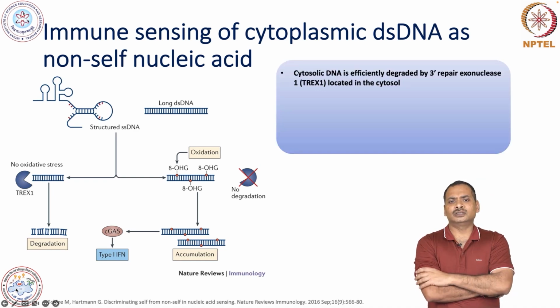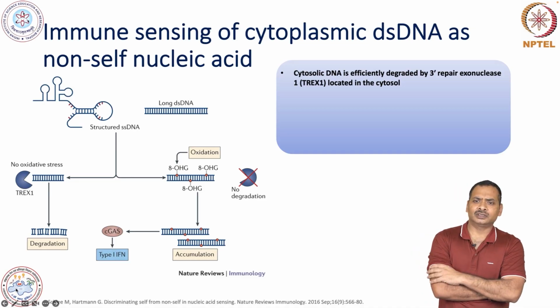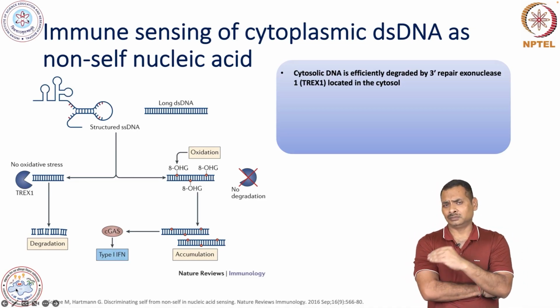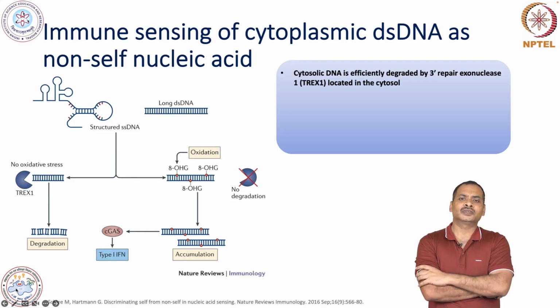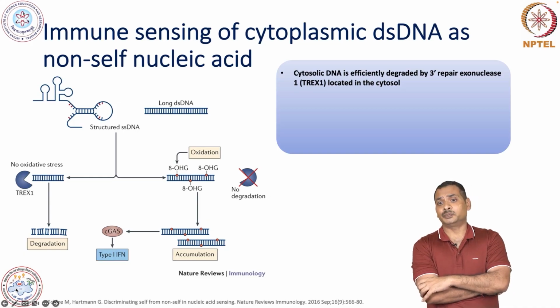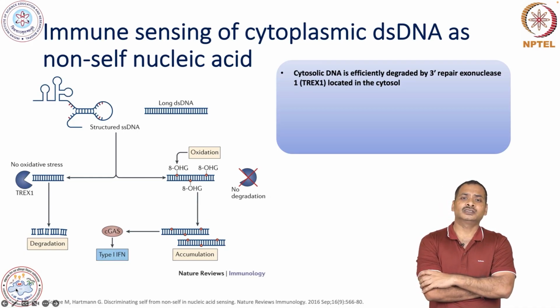There is one molecule known as TREX1, which also plays an important role in sensing DNA. Basically, this cytoplasmic DNA is efficiently degraded by the 3 prime repair exonuclease, TREX1, located in the cytosol.